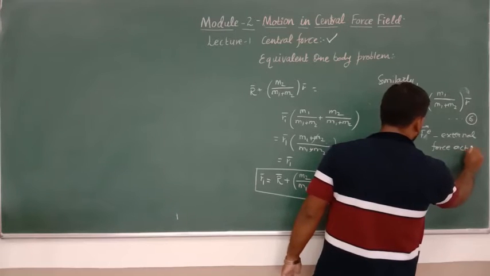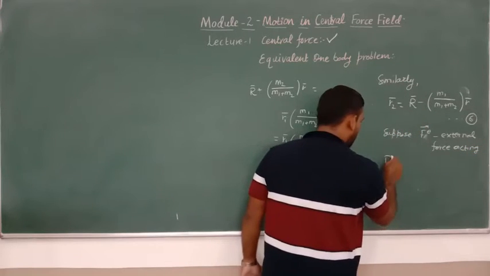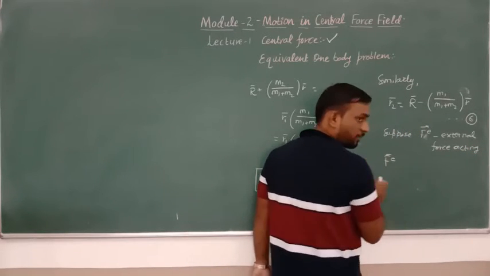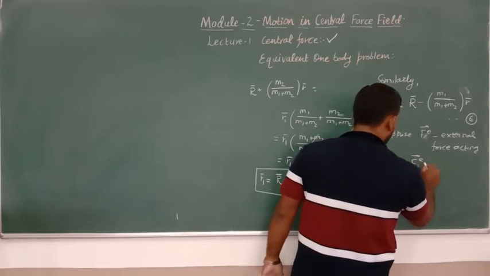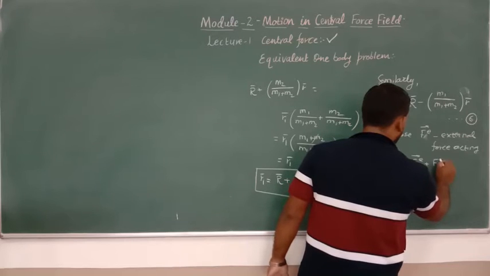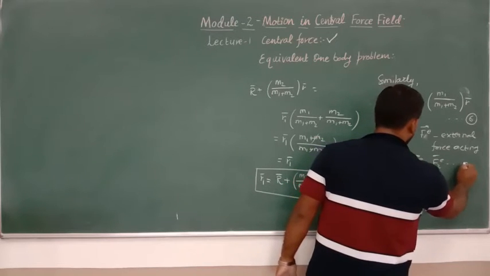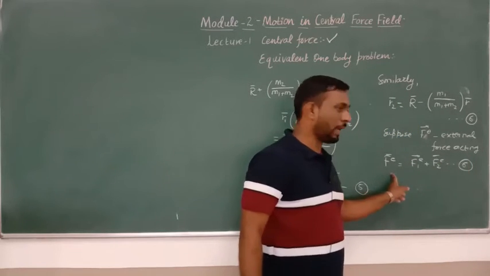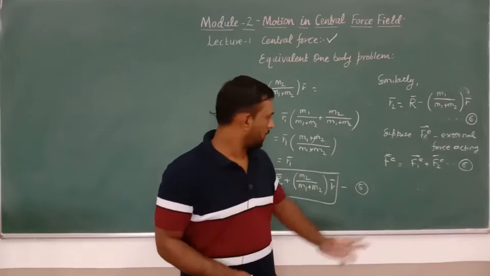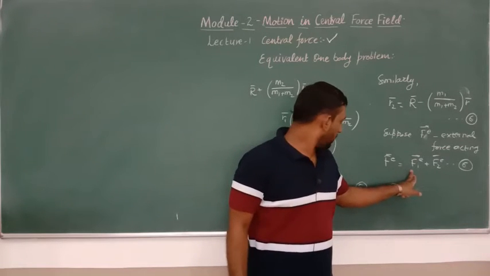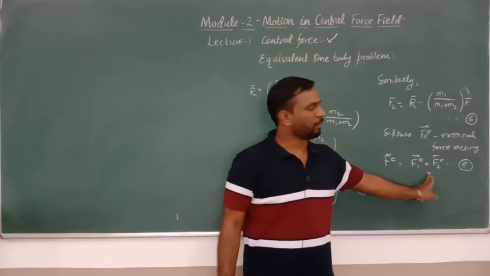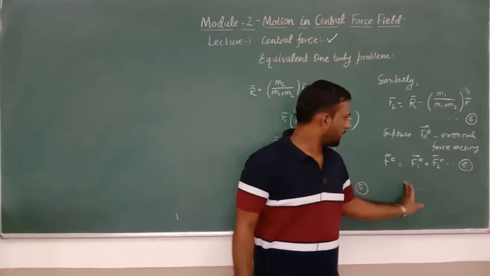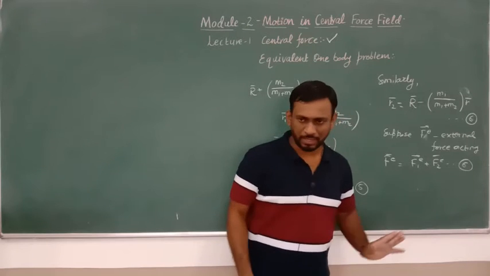Fe can be written as, E stands for external forces, F1E plus F2E, again this is equation number 6. So this total external force acting on the system of these two particles is the external force acting on the first particle plus the external force acting on the second particle. Okay, so those are the two forces acting on the system of particles.